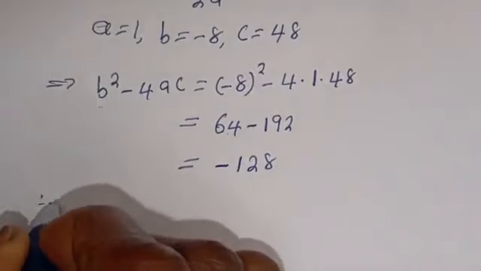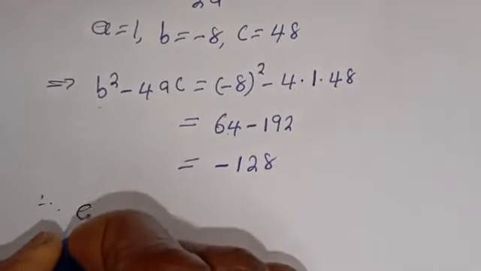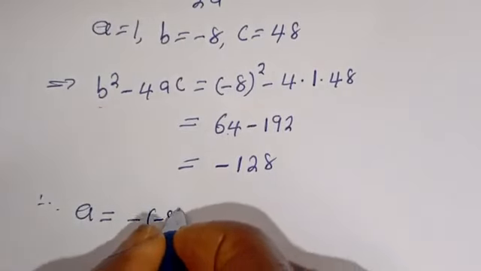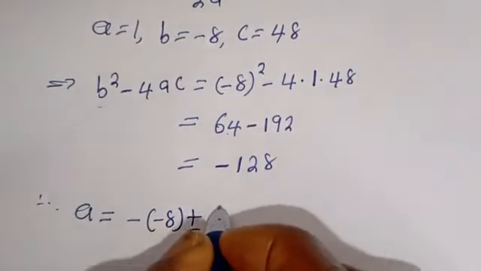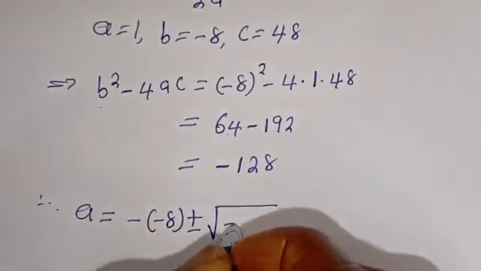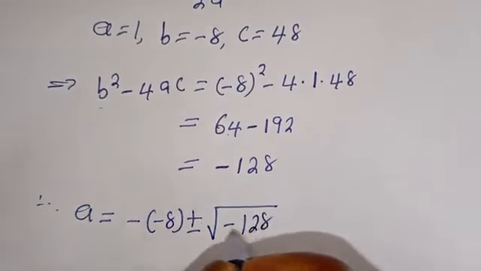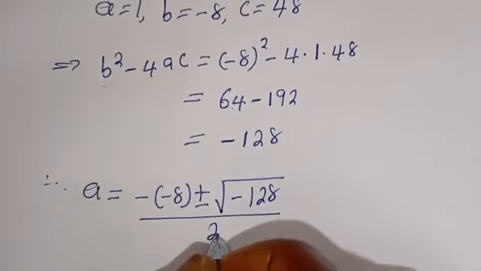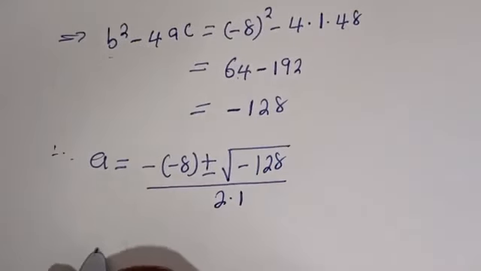Therefore, we have A is equal to minus bracket minus 8 plus or minus square root of minus 128 divided by 2 multiplied by 1.